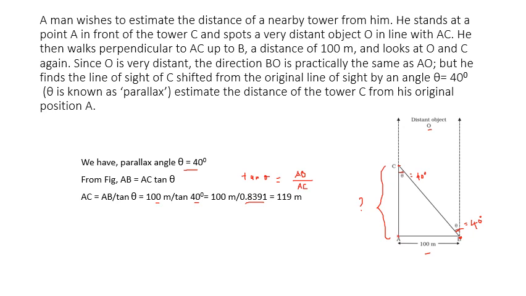And in physics you may use some different angles. For that reason you should follow the trigonometry table. Once you substitute it, you will get 119 meters. So what is the distance from his position A to the tower C? 119 meters.